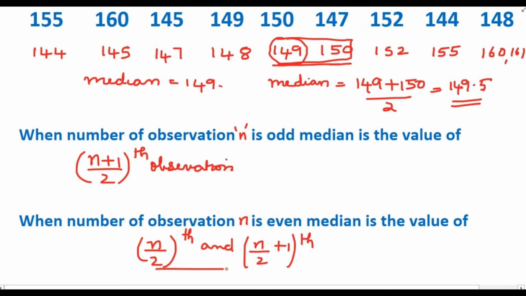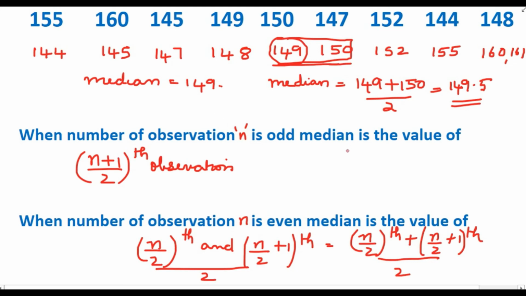We need to take the average of this, that means n by 2th observation plus n by 2 plus 1th observation divided by 2.